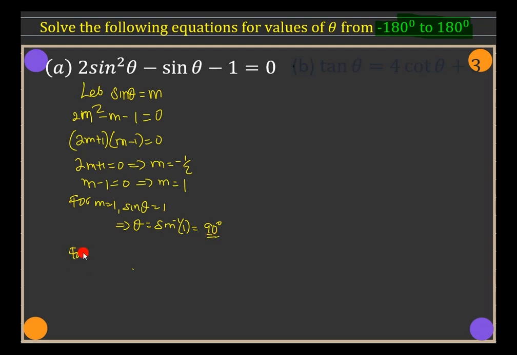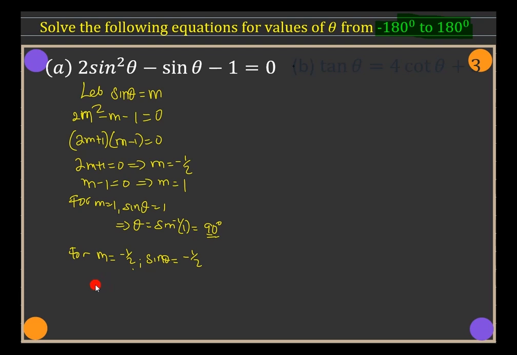We have another one. For m equal to negative 1 over 2, we have that sine of theta equal to negative 1 over 2. And now, if sine of theta is equal to negative 1 over 2, here we don't just say that theta is equal to the inverse sine of negative 1/2.